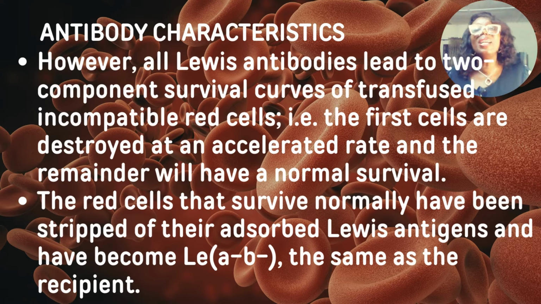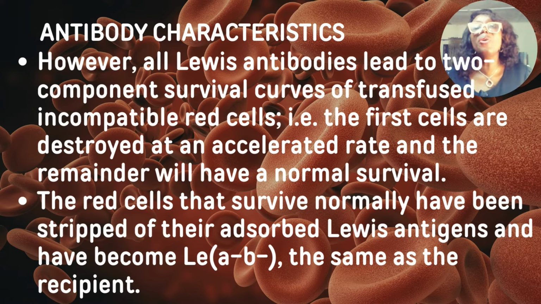That is, the first cells are destroyed at an accelerated rate, and the remainder will have a normal survival. The red cells that survive normally have been stripped of their adsorbed Lewis antigen and have become Lewis A negative and Lewis B negative, the same as the recipient. So the transfusion reaction will be halted at this stage.